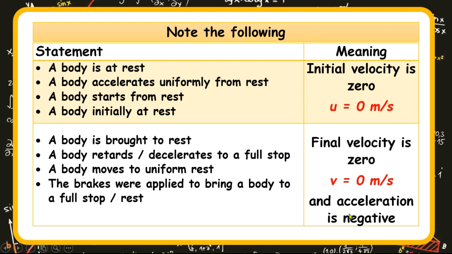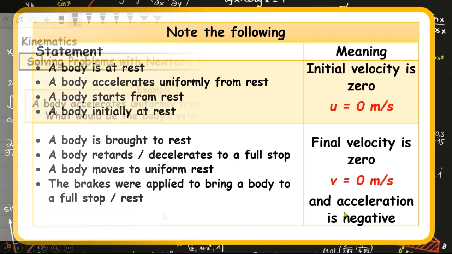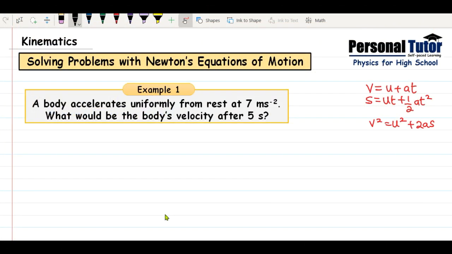So let's start with example number 1, which reads, a body accelerates uniformly from rest at 7 meters per second square. What would be the body's velocity after 5 seconds?